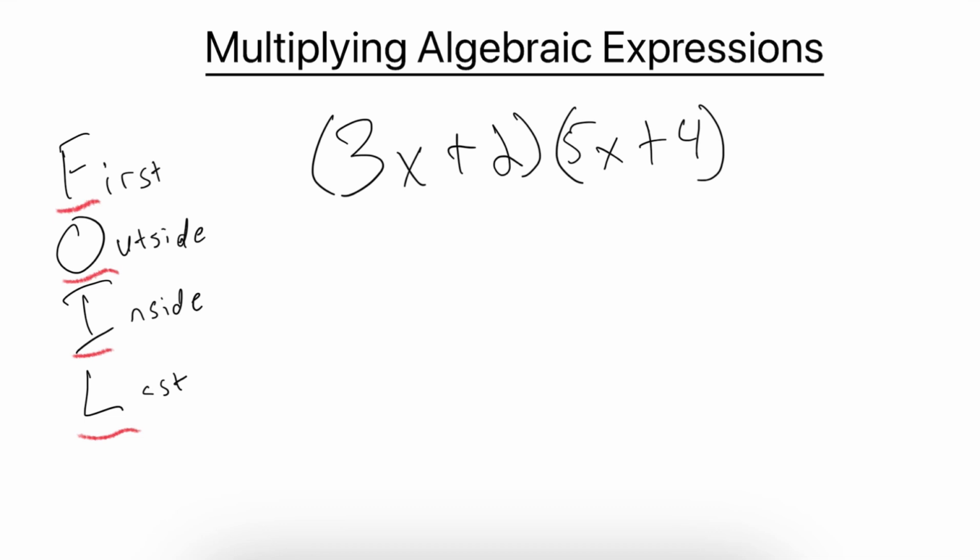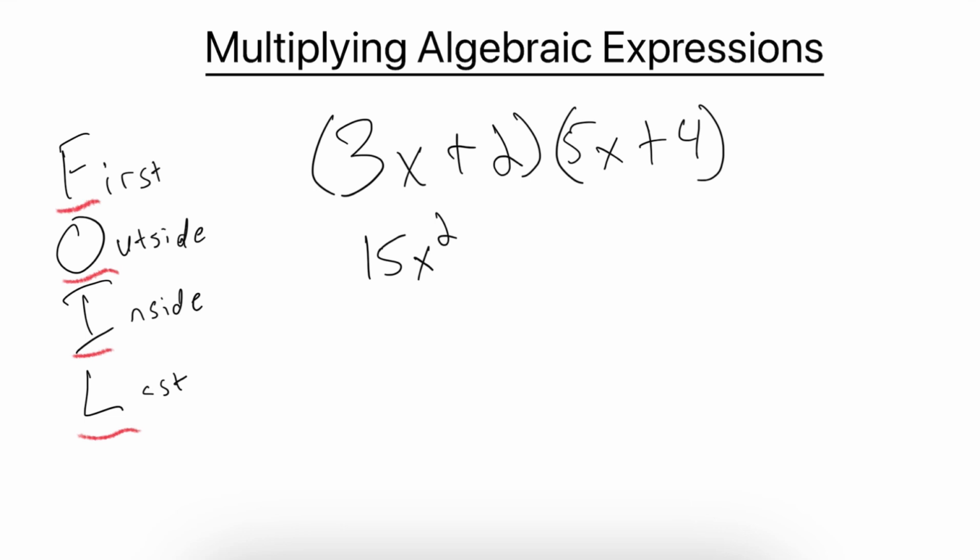So first we'll do 3x times 5x, then 3x times 4, then 2 times 5x, then 2 times 4. So 3x times 5x is 15x squared.